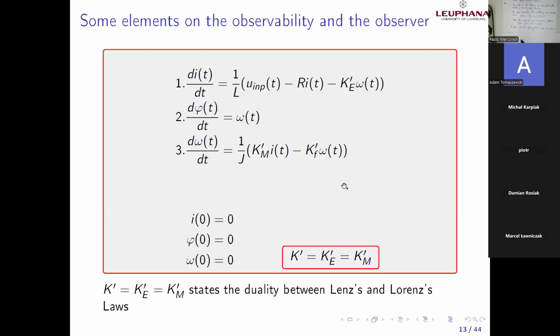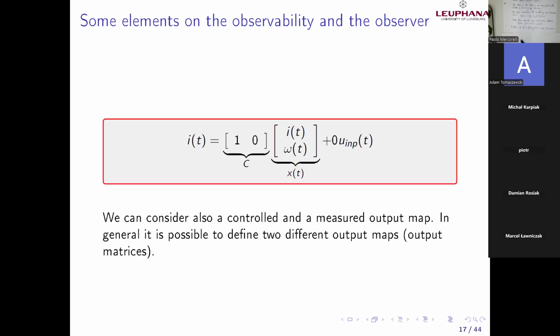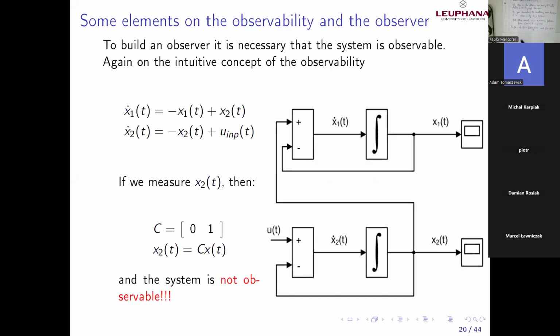Always the same example. Here we can see a little bit the concept of the observability of an observer. We can see intuitively that if I measure here the second variable, the system is not observable. Why? The concept of observability means that if I measure one of them, we can have information about both.